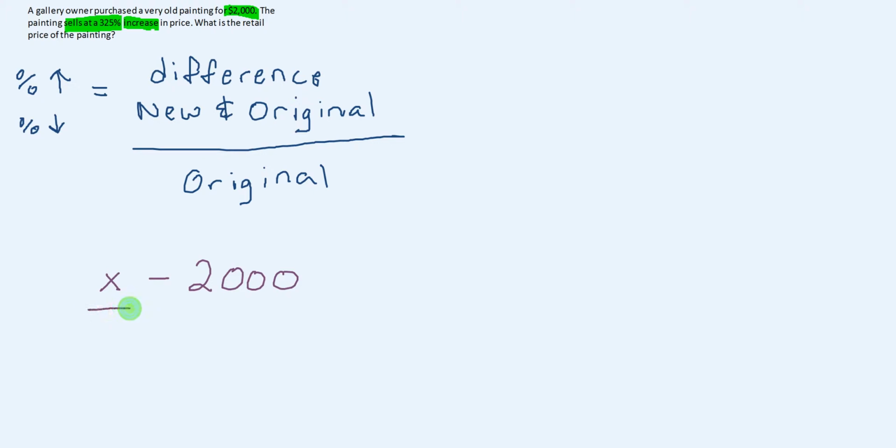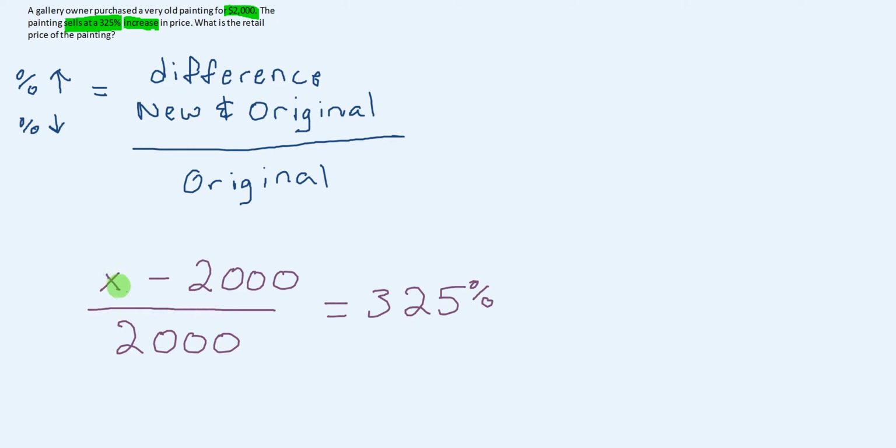And that will be divided by the original value again, 2,000. So x minus 2,000 divided by 2,000 is equal to the percent, in this case, increase, which happens to be 325. And that's percent.